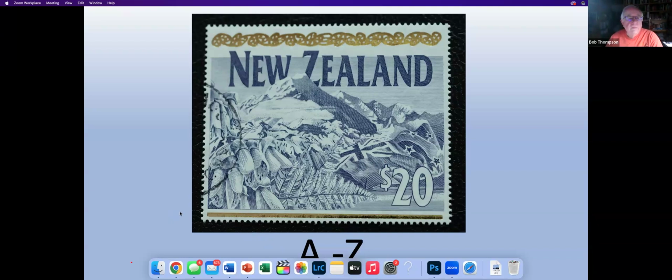Good evening, folks. Thanks for being here tonight and giving me the opportunity to present my little country to you through the visuals of stamps and stamp collecting. Just a quick background. As Bob said, I'm from New Zealand. I grew up in Wellington, the capital city, and I came to the United States in 1995 to get married and to live here.